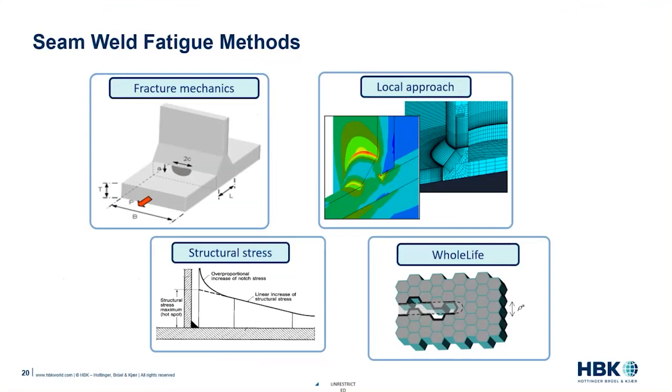This requires either a detailed model of the weld or using the stress and the strain from a less detailed model and applying those to a detailed model or using equations to actually calculate the local stresses. This requires assumptions and or idealization has to be made of the detailed weld geometry.